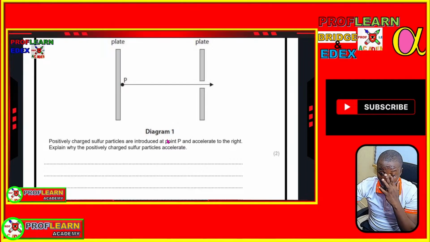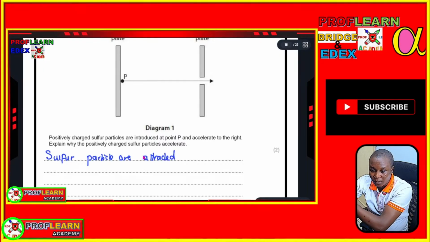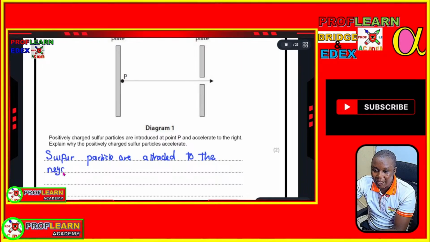The reason an electron at plate P is going to be accelerated is because plate P is negatively charged, so it's going to repel that electron, and since the other plate is positively charged, it's going to attract it. So that electron is going to have a resultant force to the right, hence it's going to experience an acceleration.